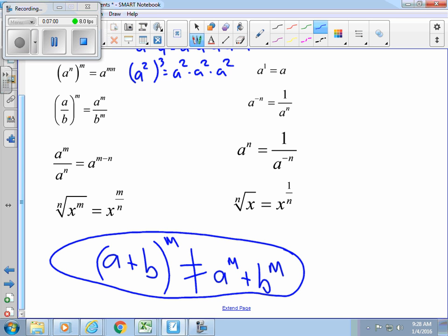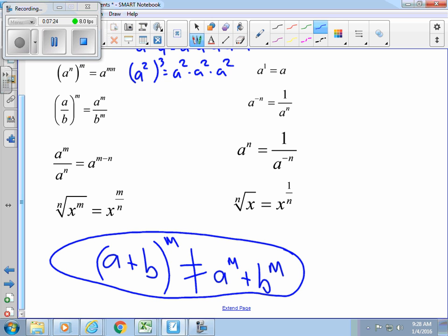If you have division, a to the m divided by a to the n, you subtract exponents. The opposite of multiplication. The nth root of x to the m, which I think we've talked about before, haven't we? When we had a 1/4 power, that meant it was a 4th root. And so we've seen that a little bit in this class.